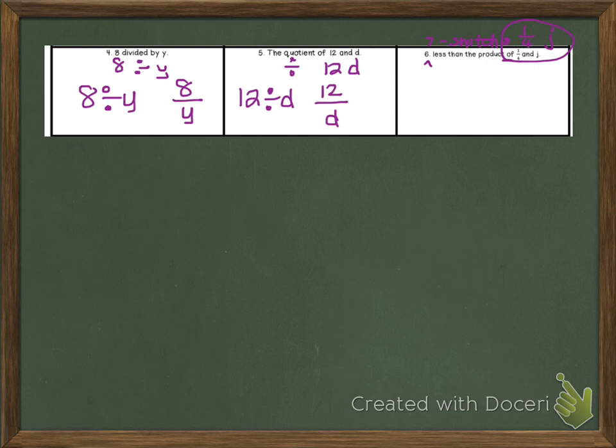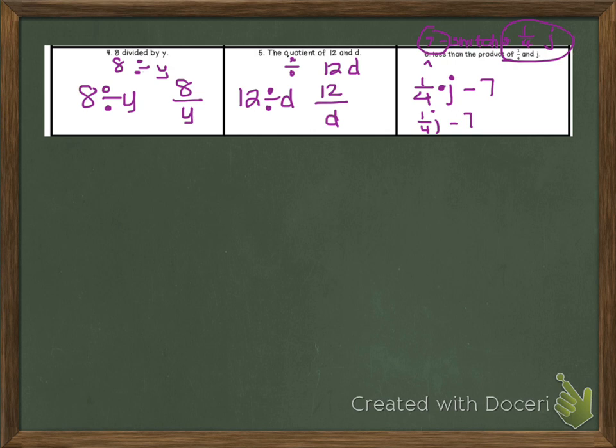So the product of 1/4 and J just means 1/4 times J. And then the operation beforehand is 7 less, so we're going to subtract. We could also have written it as 1/4 J minus 7.